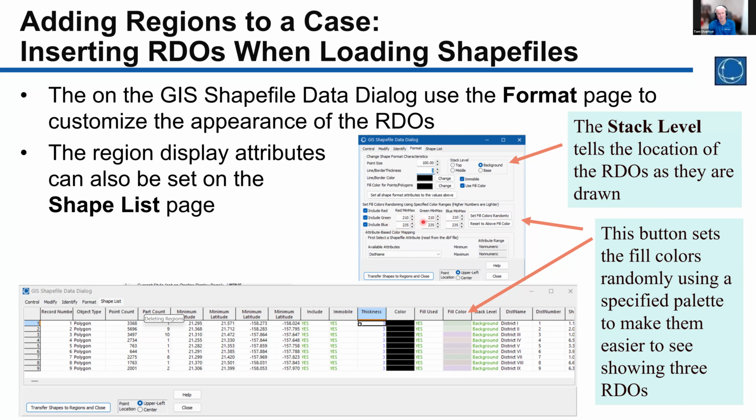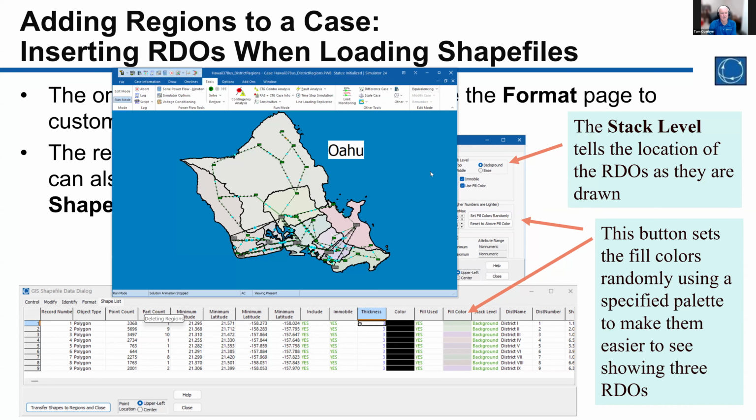Here I set a light color palette, and it automatically sets the fill color, and it makes it easy to create the one line, which I just showed you. So this one line here was created using this sort of option. It just took a couple clicks to go from a shape file to having this nice one line display.